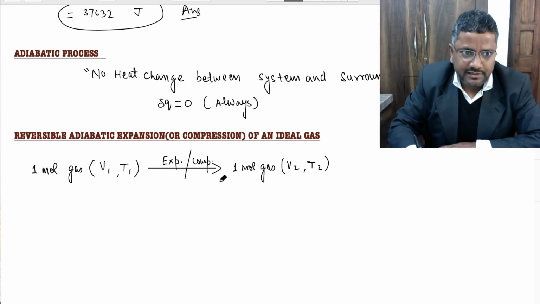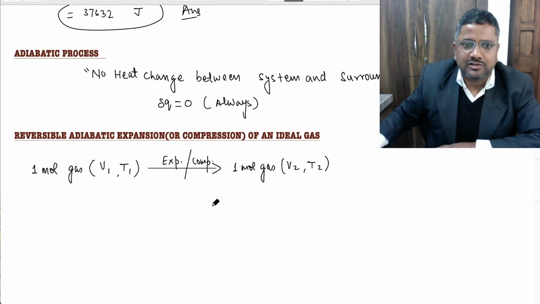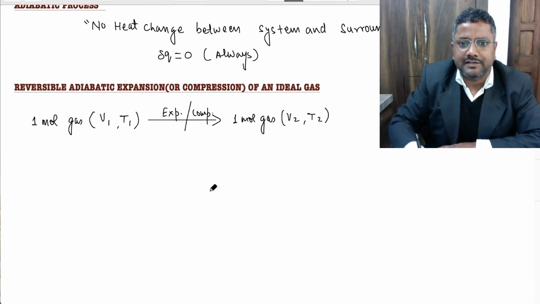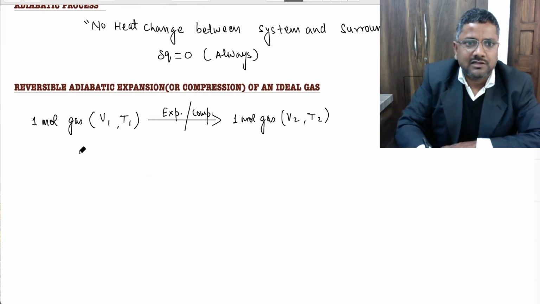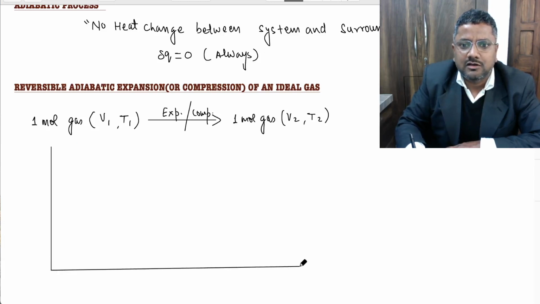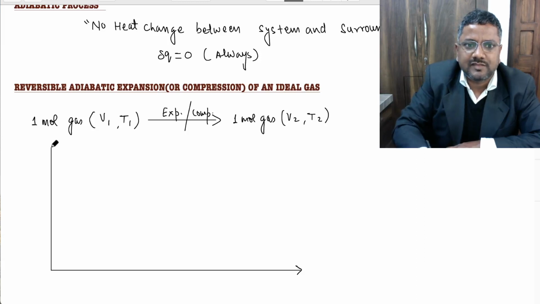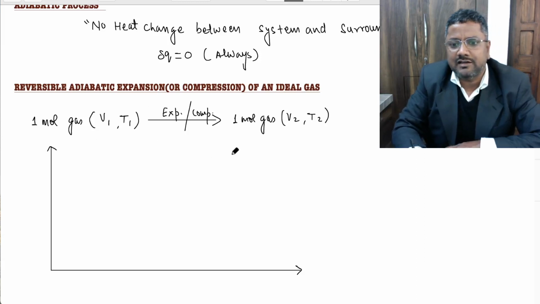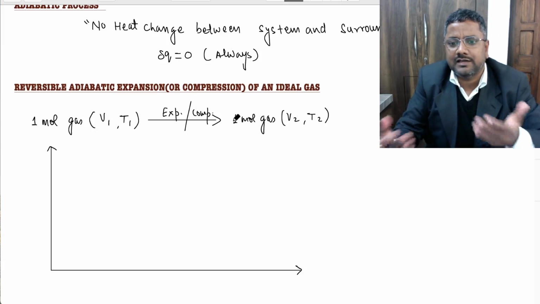So in an adiabatic process, we can express this path. We can design this path, right? How? All of you know that when two variables are changing, you have to consider like this. So this is a method of expression.